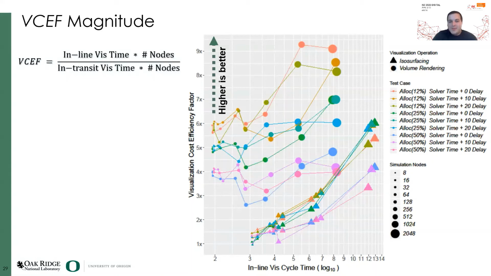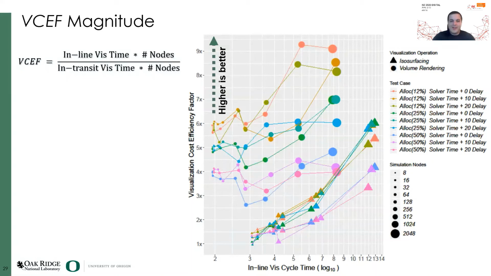We have 2 different symbols on this chart. We have triangles, which are our isosurfacing results, and circles, which are our volume rendering results. And we have all of our different test cases here, from 12% to 50%, with each of our 3 different simulation cycle times. And then the graph progresses from small symbols to large symbols in terms of the concurrency that we ran.